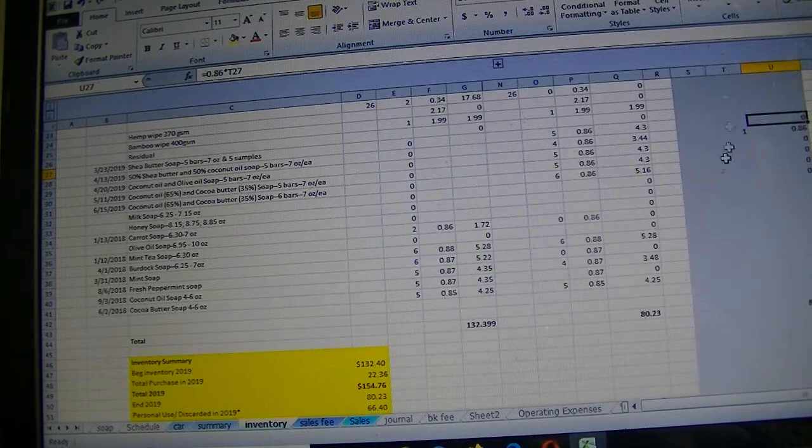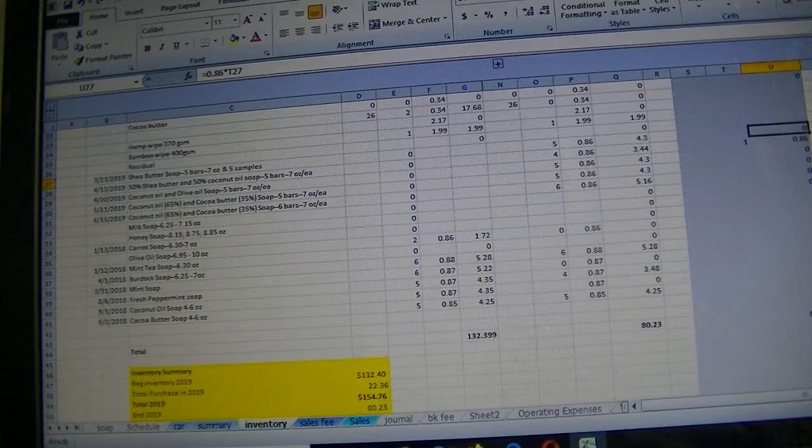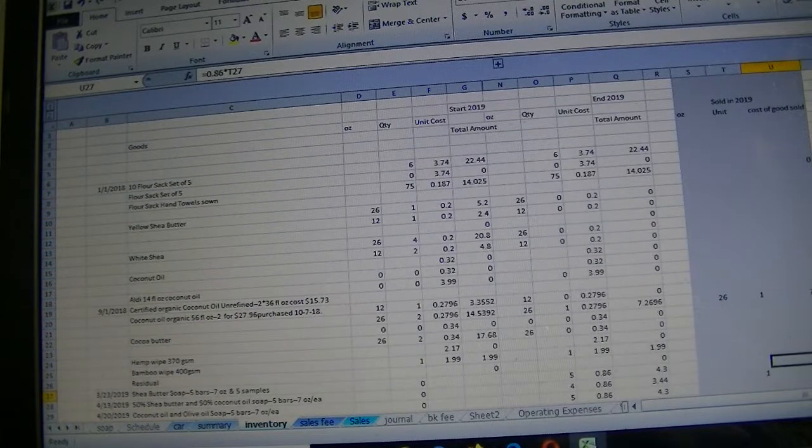And then as I'm selling them, what I end up the year with will be here. So that's how I record my year-end inventory, and that's what you'll do.